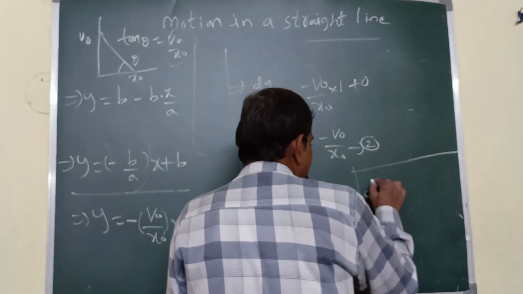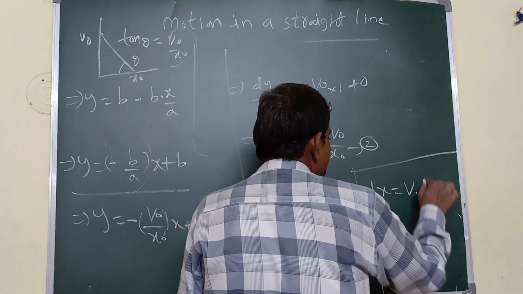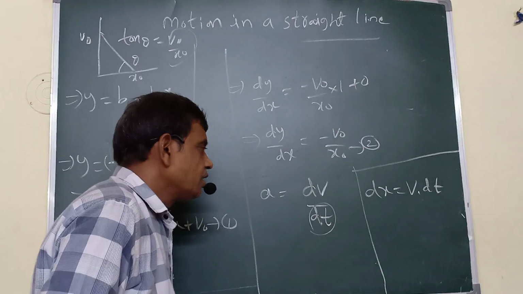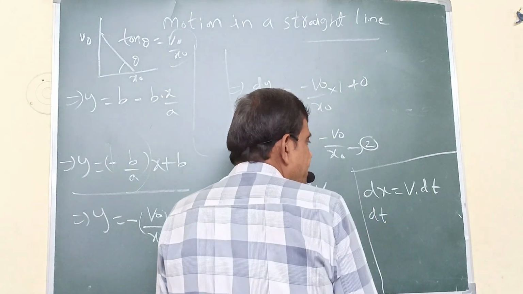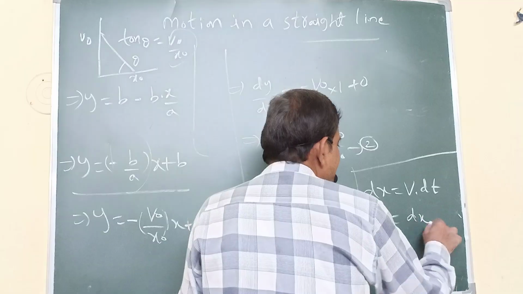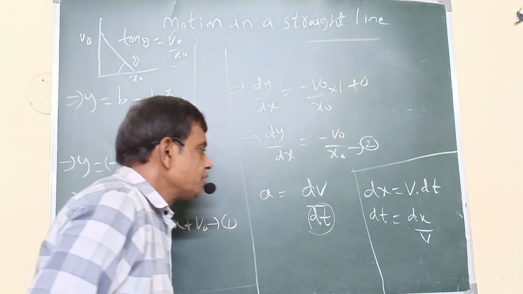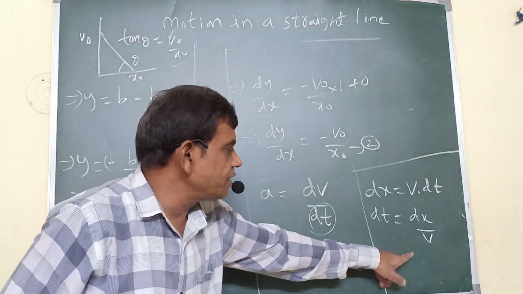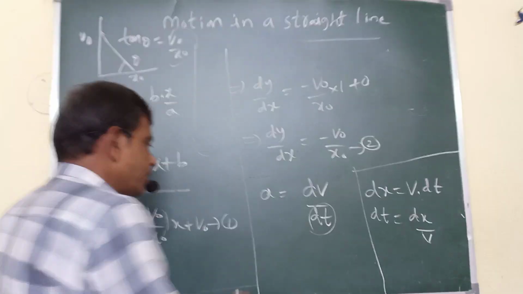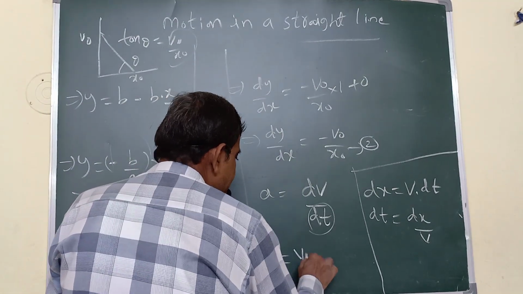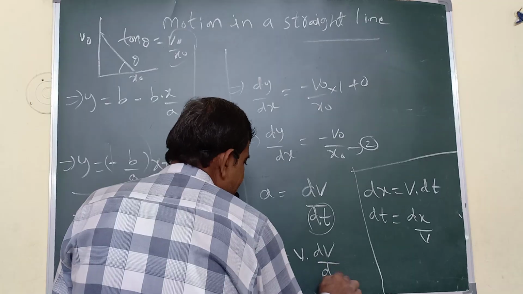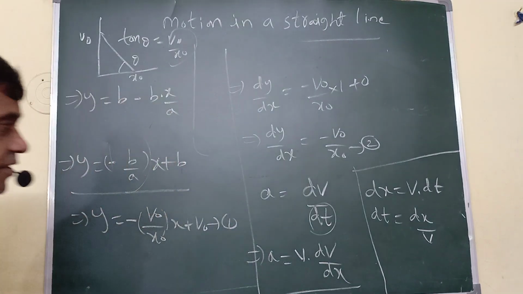I want displacement. Displacement equals velocity into time. Otherwise, I write dt equals dx by v. So in the dt place, if you write dx by v, v comes upward. Finally, the acceleration is v into dv by dx. So this is also another formula for acceleration.